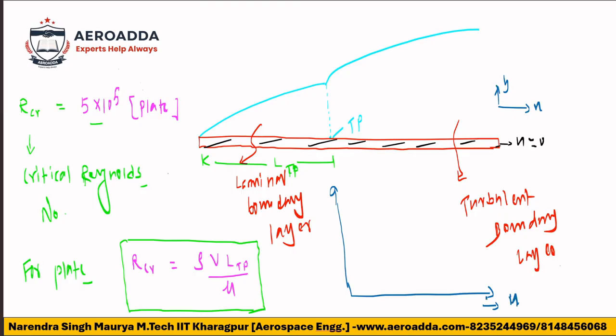Along y, you are going to check the pattern of the boundary layer, which is the laminar boundary layer and the turbulent boundary layer. So the laminar boundary layer, you can see it will be forming like this. In very short, I'm just showing you so you will get the idea.